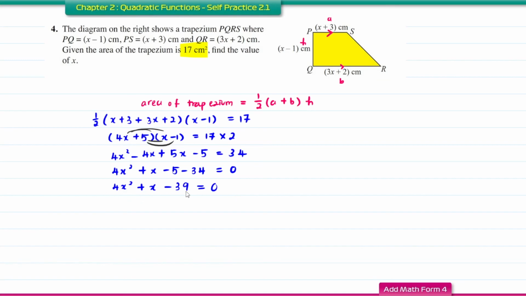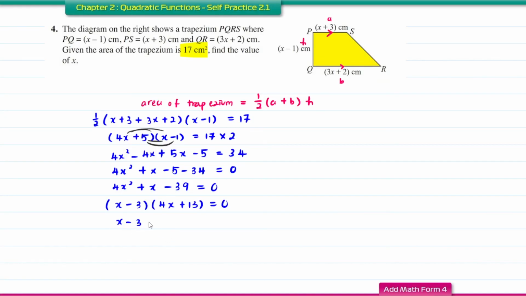So next, you already have the equation in general form. You can solve it using either the factorization method, completing the square, or the formula. For this question, I can solve it using factorization. So you're going to have bracket x minus 3, another bracket 4x plus 13, equal to 0.